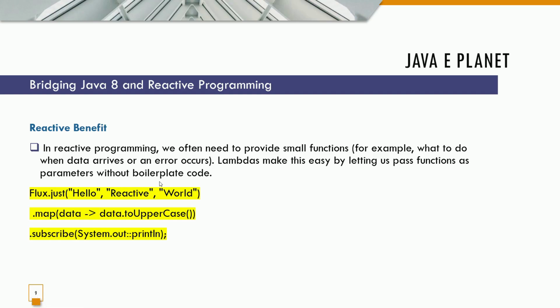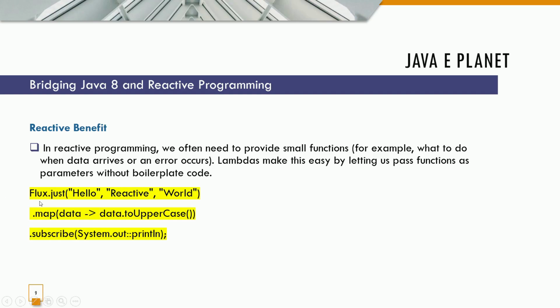So in order to eradicate this boilerplate code, lambdas make it possible to write the code in a more concise way. Lambdas have been introduced to follow this functional approach.